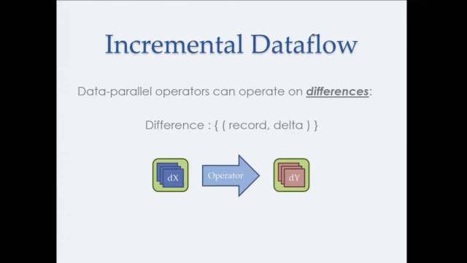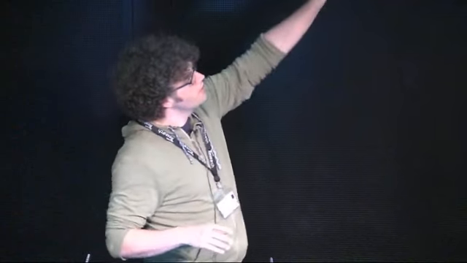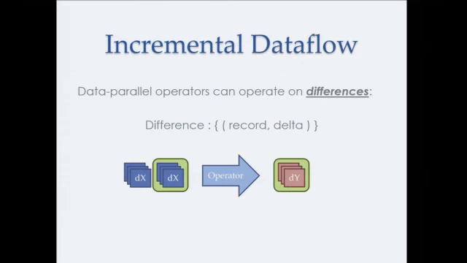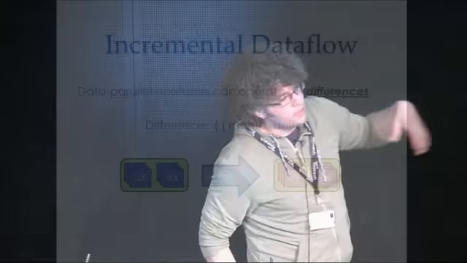All right. Pedagogically, I'm going to start putting green regions around the diffs. The green regions correspond to the diffs that I'm currently accumulating in the slide while I'm explaining things to you. The thing we have to deal with is what happens to this operator as new diffs arrive. Diffs are going to stream in. In the incremental dataflow setting, we do the obvious thing. We produce some output diffs so that the accumulated input is now equal to the accumulated output.